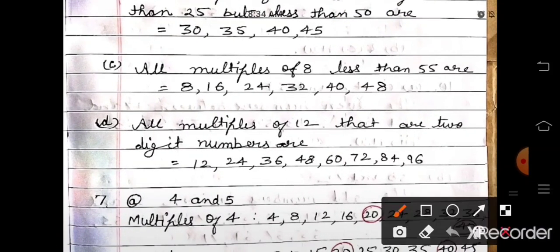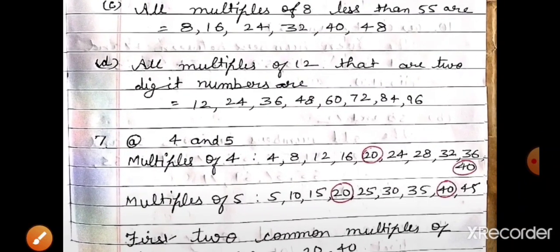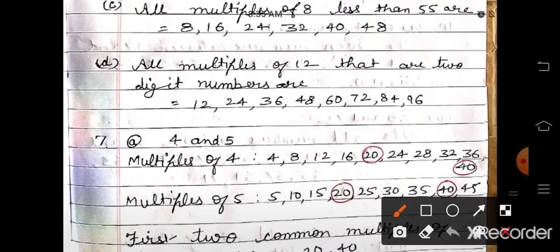Now the C part, all multiples of 8 less than 55. So 8 ones are 8, 8 twos are 16, 8 threes are 24, 8 fours are 32, 8 fives are 40, 8 sixes are 48, 8 sevens are 56. But that is greater than 55. So up to 48 we will write. Okay, now the D part, all multiples of 12 that are 2-digit numbers.